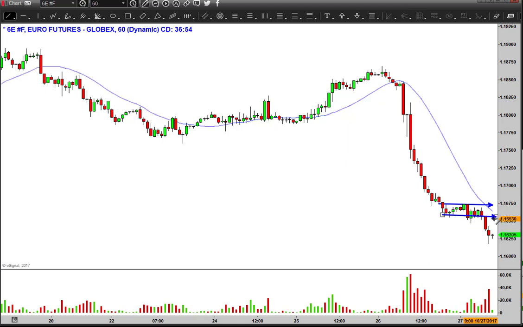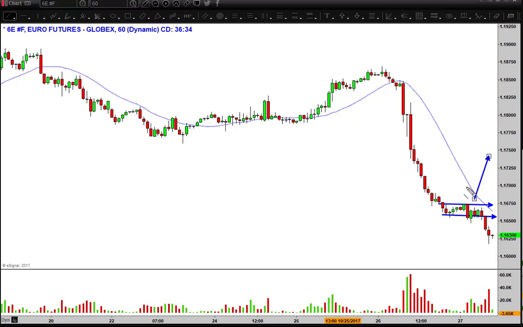So how can I get on board this? Well, if it gets above here, that opens up the possibility for a pretty significant move to the upside. And we could trade that, of course, at the appropriate time, but it would have to create an area of resistance that isn't there right now. So how does it do that? Well, if it goes up and then begins to shift or reverse to the downside, you could enter there.